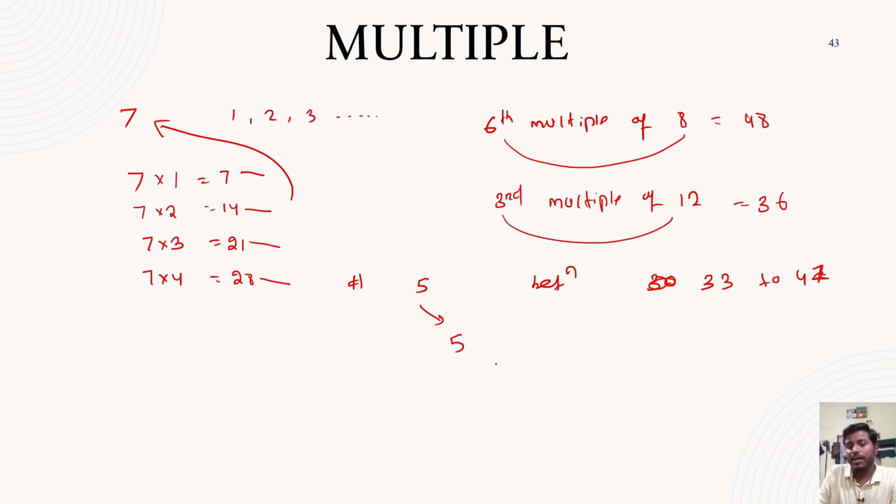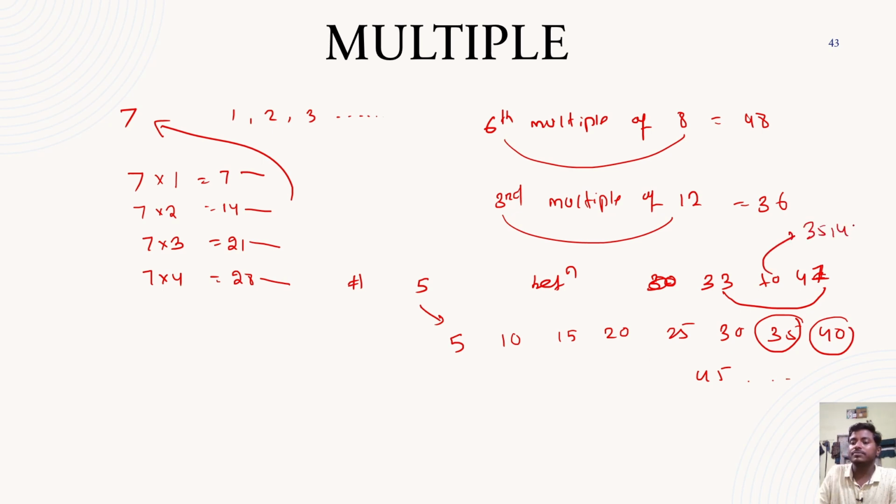That is 5 ones are 5, 5 twos are 10, 5 threes are 15, 5 fours are 20, 25, 30, 35, 40, 45, and so on. Now which multiples of 5 lie between 33 and 41? Check 35 and 40. So the answer is 35 and 40.